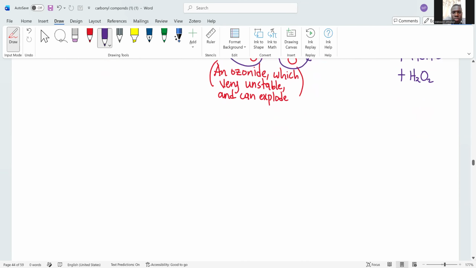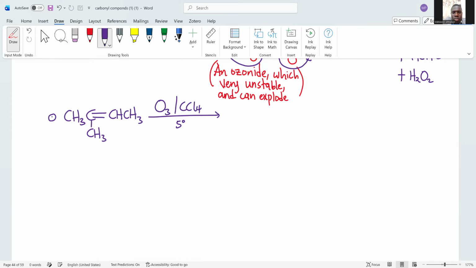Another example. For example, if I have CH3, this is also an alkene, with a double bond, reacting with ozone, inert solvent, 5 degrees Celsius.